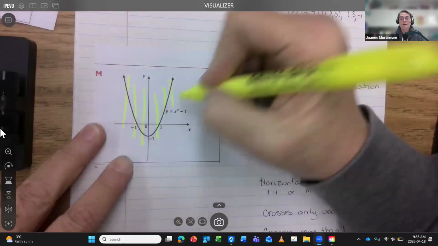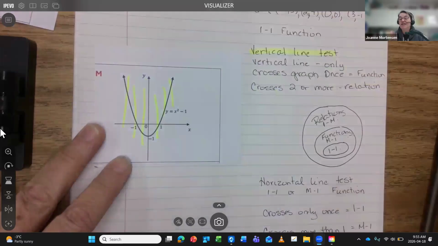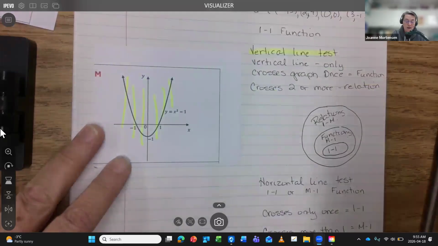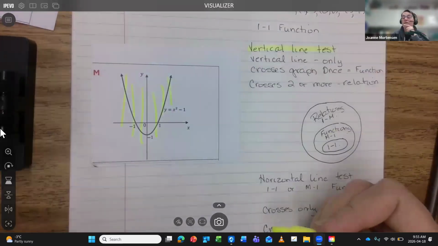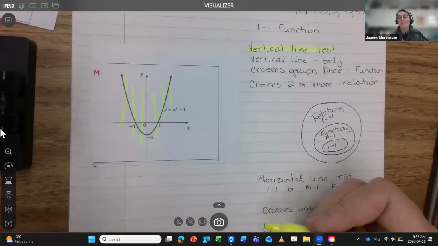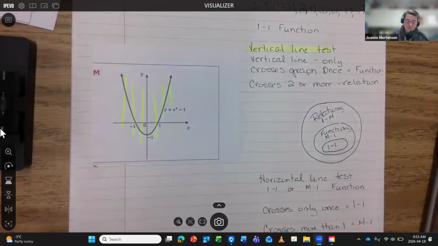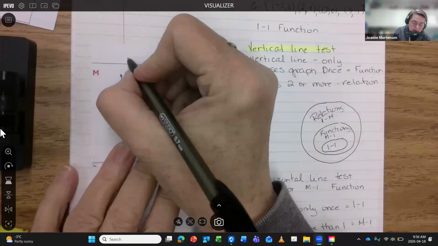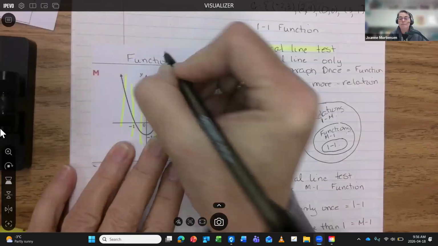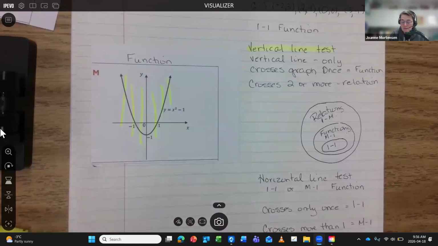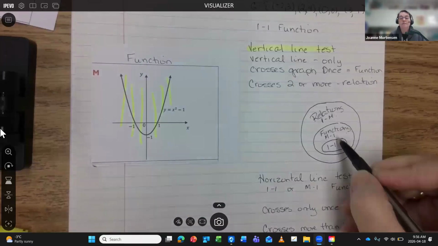You can draw as many as you want, or honestly, you can probably just stare at it and see that no matter what, I'm only going to cross in one place. That would have been much more helpful if I actually did straight vertical lines. It's okay. So I know this is a function.